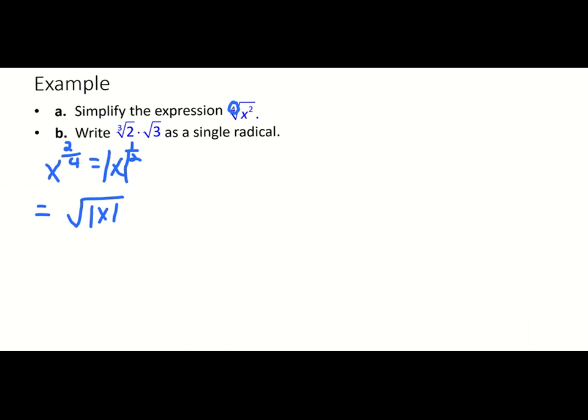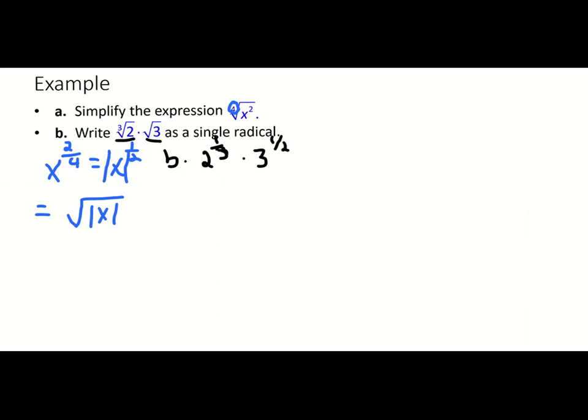So that is A. Now, when we look at B, first thing we want to do is, right now, we can't multiply radicals unless they have the same index, and these do not. But what we can do is we can turn them into fractions or powers with fraction exponents. So I would have 2 to the 1/3 power times 3 to the 1/2 power.